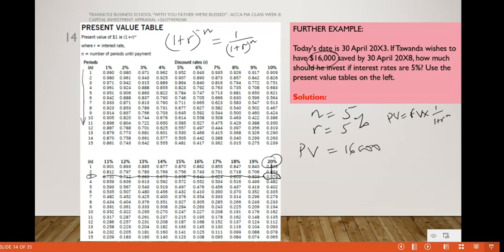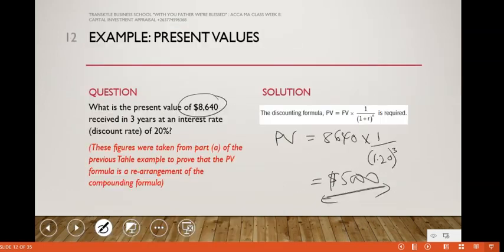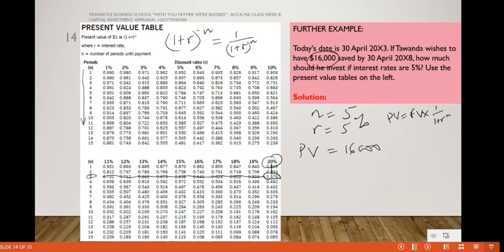Don't forget that formula, please, because we talked about this formula some time ago. So don't be confused: 1 over (1 plus r) to the power n. But remember we are given tables, so it's a matter of working with these two numbers.